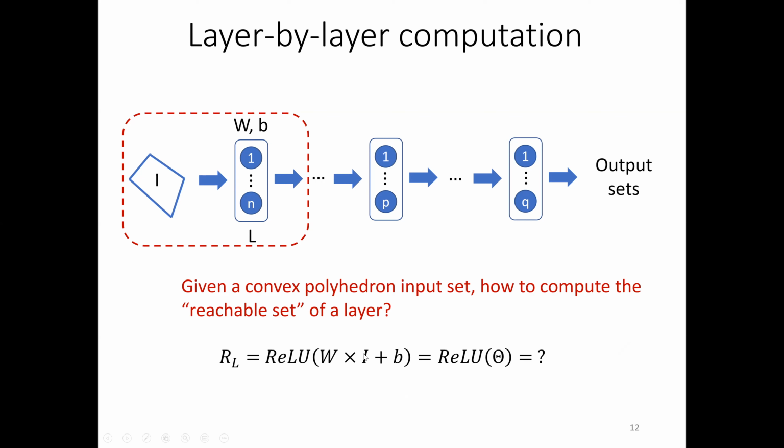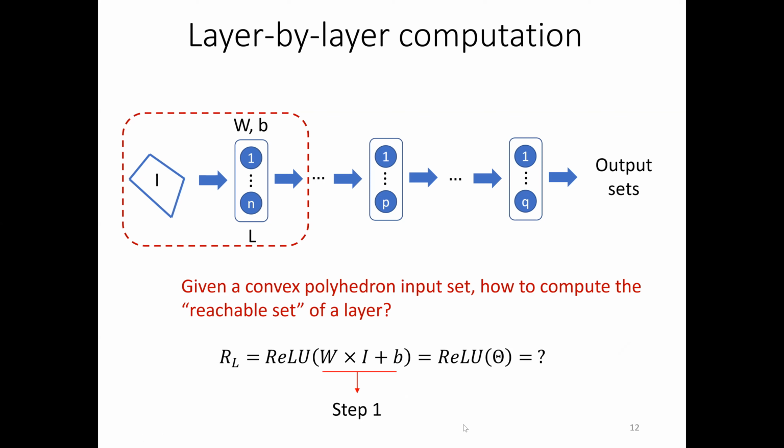We need to compute the input set to the neurons, and then apply the ReLU activation function on the input set we get. So the first core step is how to compute the input set to the neurons of the layer using the weight matrix and the bias vector.